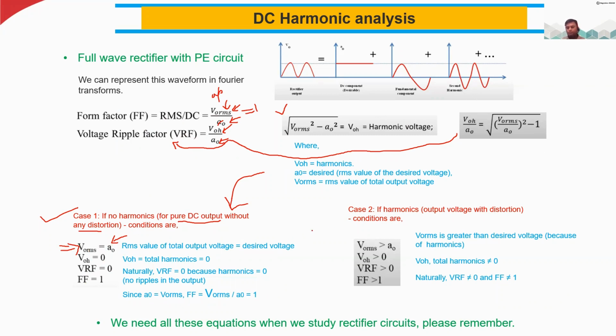And case 2. Now, if there is a harmonic in the output, of course, the output voltage will get distortion. So what are the conditions for having this kind of situation at the output? Here we already have the formulas. So now the total output voltage is greater than the desired voltage, right?